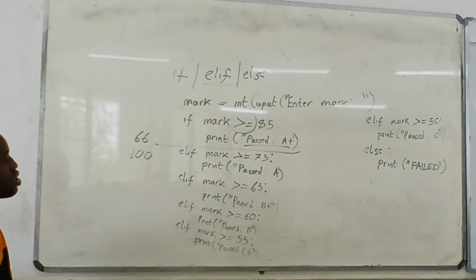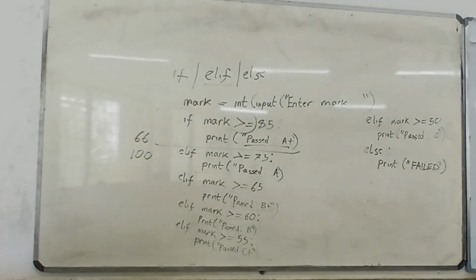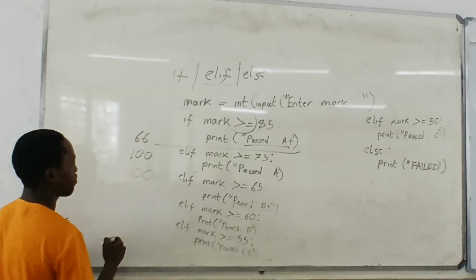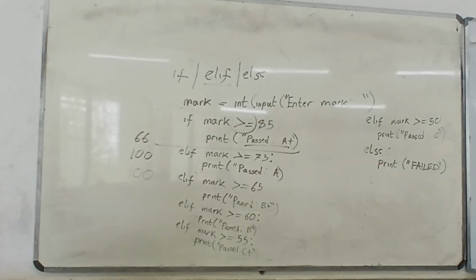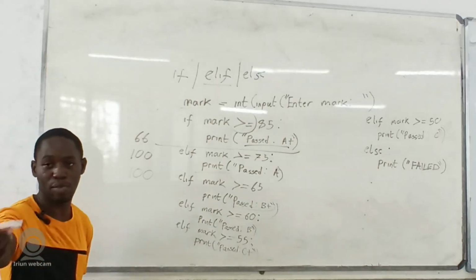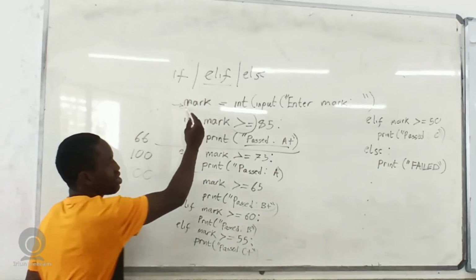Okay, yeah. So let's say we remove this, right? And then someone got 100. Remember, Python code is not compiled, it's interpreted. It goes line by line. It finds this line, it executes.